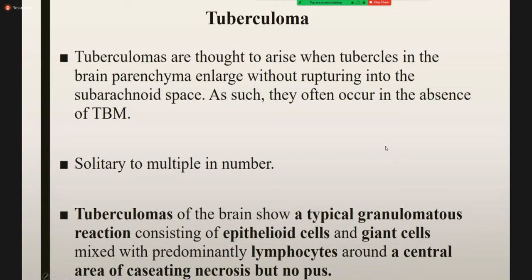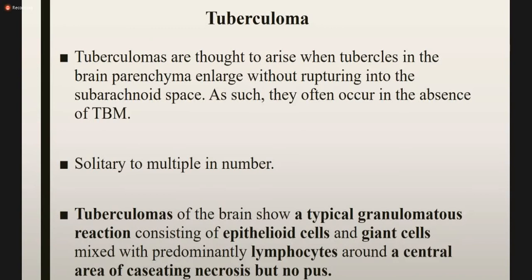After TBM, another type of presentation of CNS tuberculosis is tuberculomas. These are thought to arise when tubercles in the brain parenchyma, which, as we know, are Rich foci found initially in the subpial spaces, later enlarge in the brain parenchyma without rupturing into the subarachnoid space.